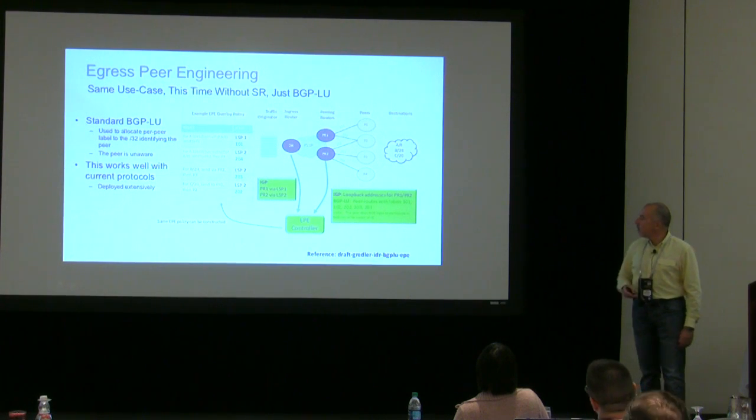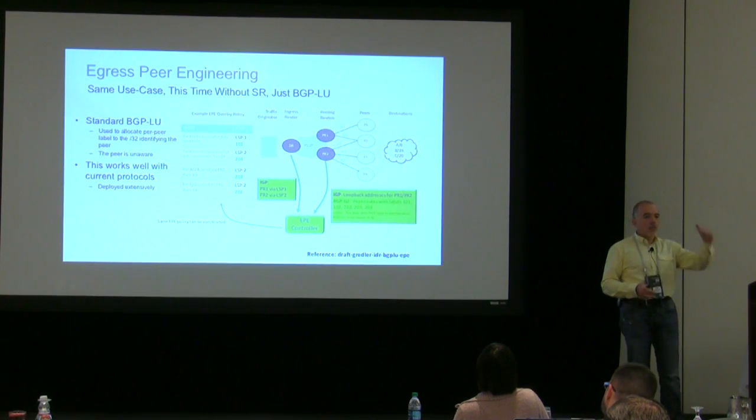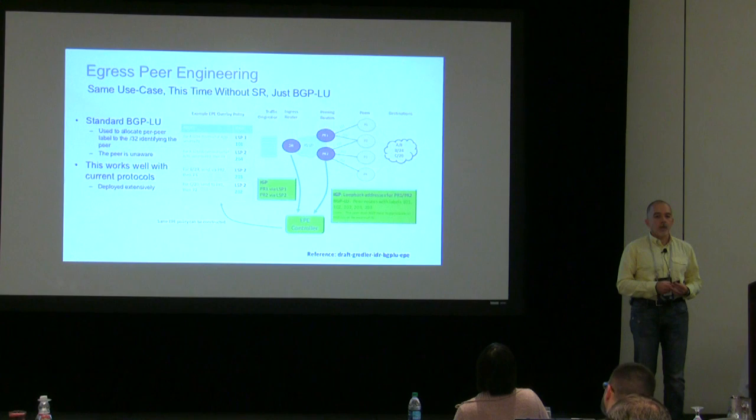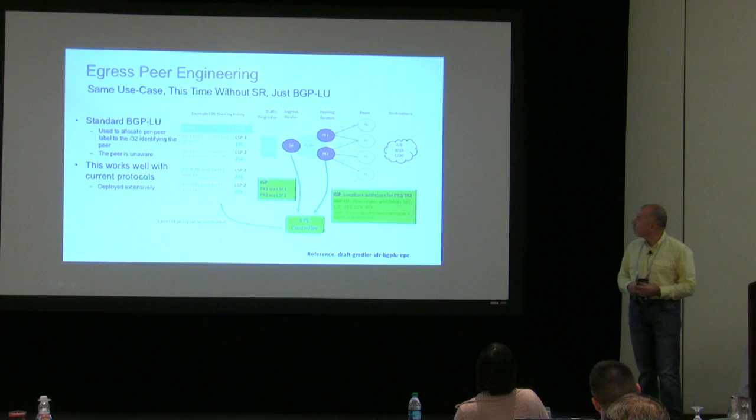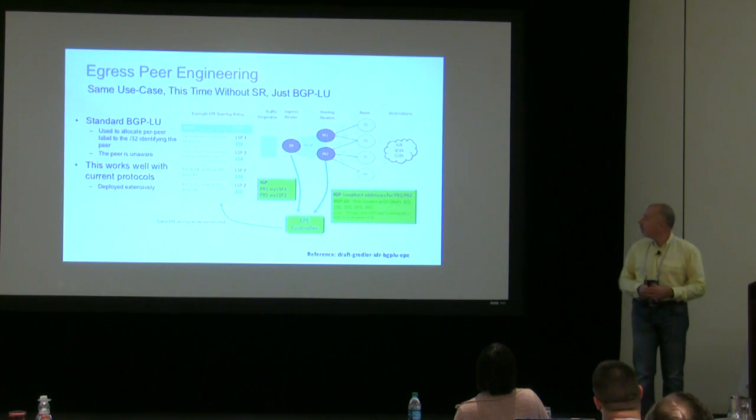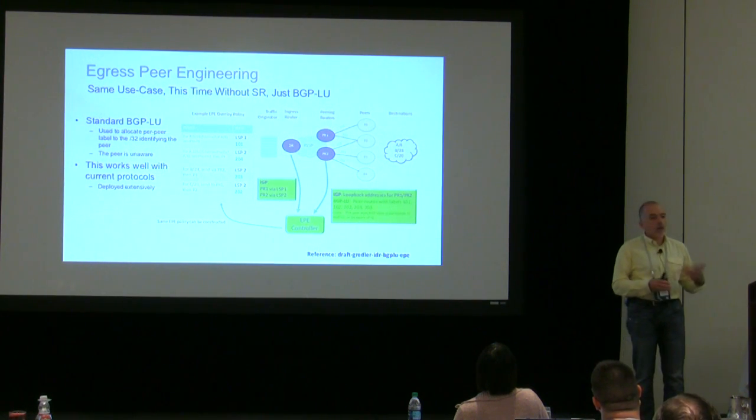Well, I can do that by creating this EPE policy that says for the upper half of that /8, for the upper /16, send it via peering router 1, and for the second half of that /8, send it through the other peering router. So you have basically overridden the BGP best path decision, and you've steered your traffic based on your administrative policies.